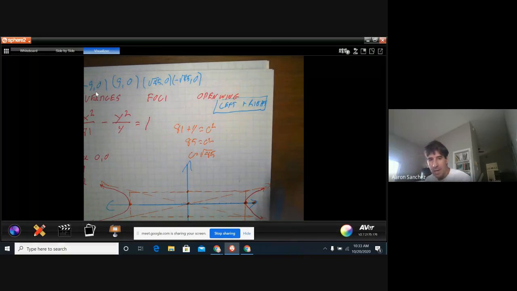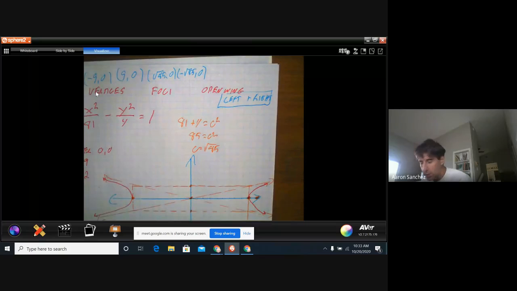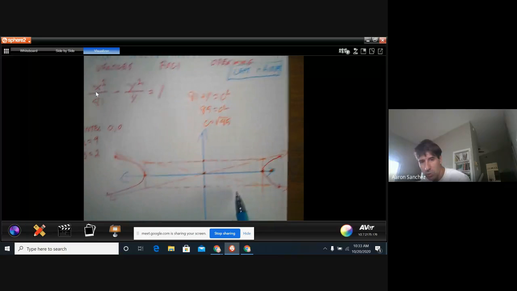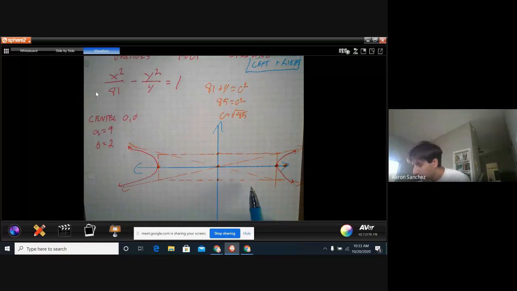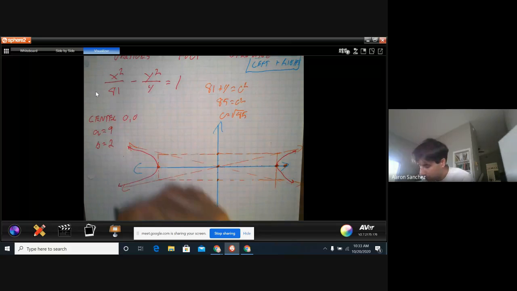Some questions may ask you, what is the equation of the asymptotes? There's two asymptotes. Remember, the asymptote is rise over run.